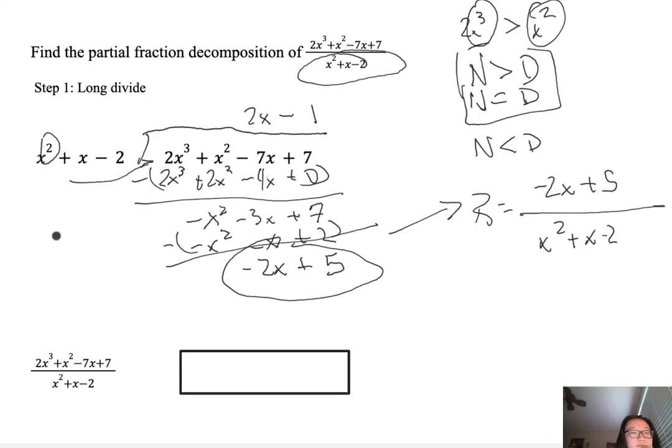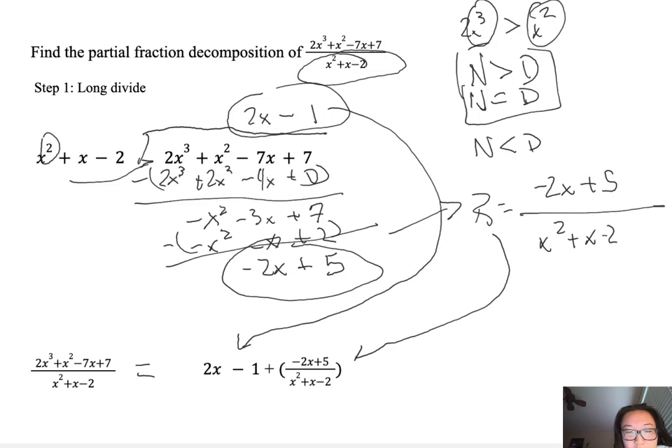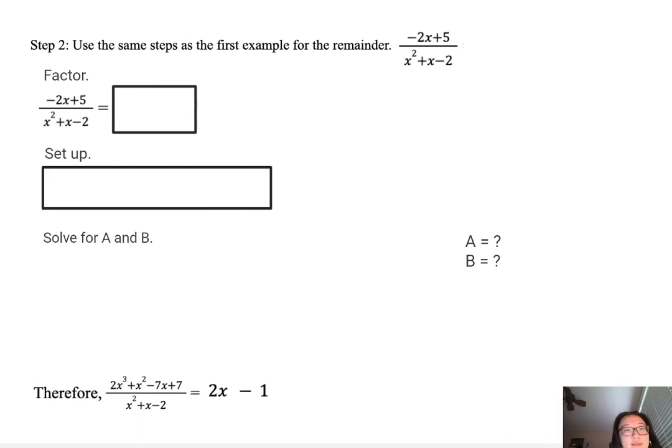Now we can rewrite the original expression as 2x minus 1, which comes from here, plus the remainder. So this is the remainder. Now, that is the only additional step to solving problems where the numerator's power is greater than or equal to the denominator's.